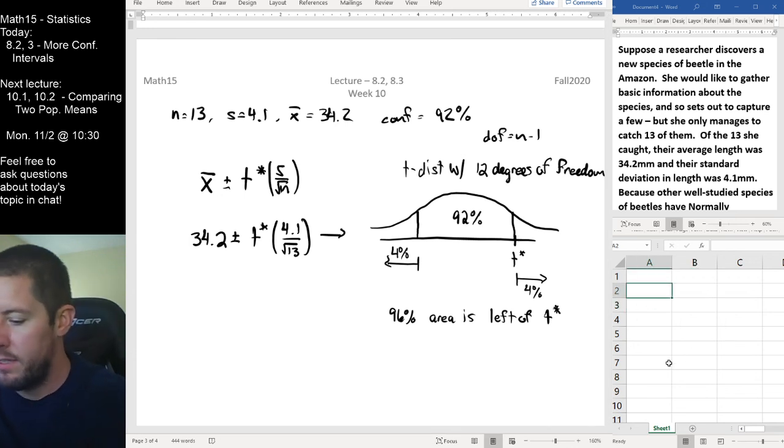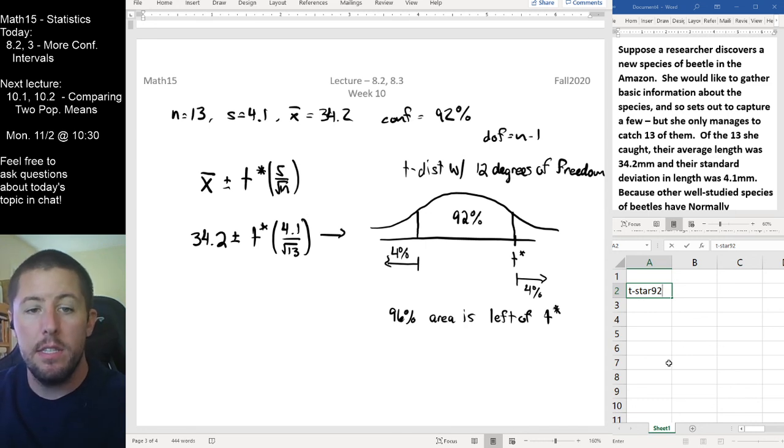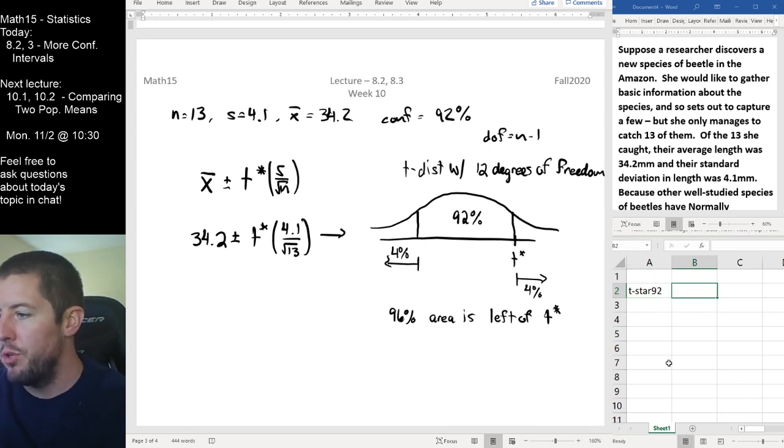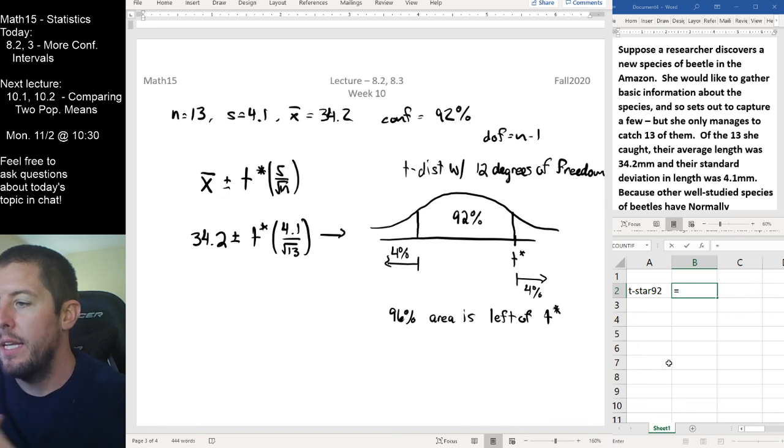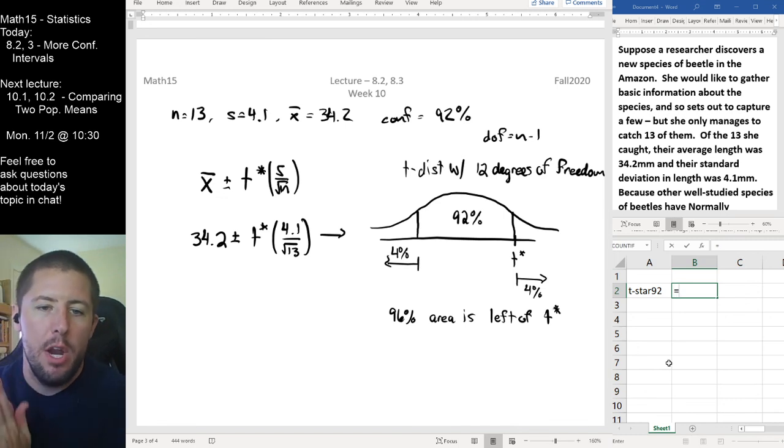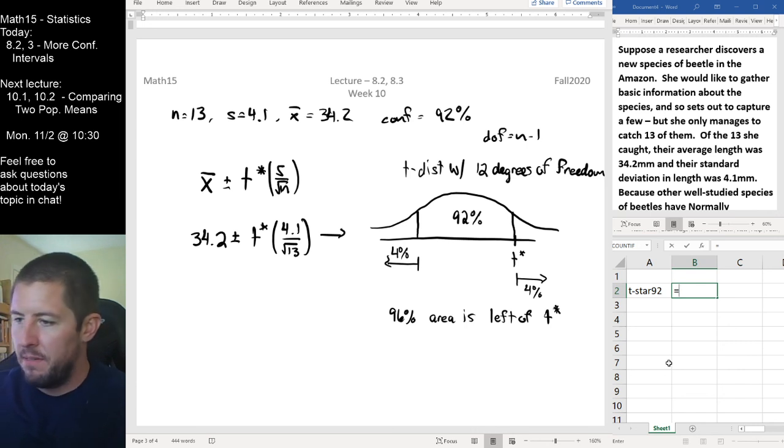I'm going to call this T star. Let's see, T star 92 is what I'm going to call this guy right there. It's the T star value when the confidence is 92. What I'm going to do here is I know what my probability is. I know from my t distribution I want to get out 0.96 to the left.